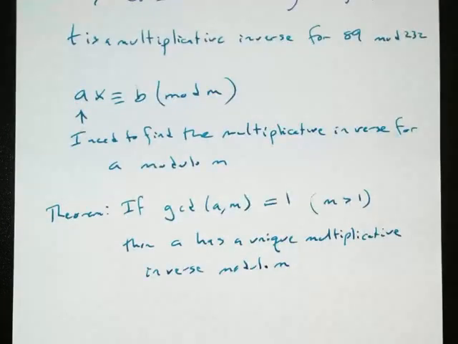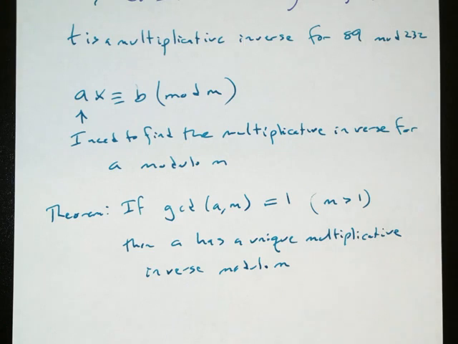And it turns out that the reason this is true is our Bézout coefficients, which we got by doing the Euclidean algorithm. So the number that is the inverse is the number that comes from doing the Euclidean algorithm and the Bézout coefficients, which together are known as the extended Euclidean algorithm.